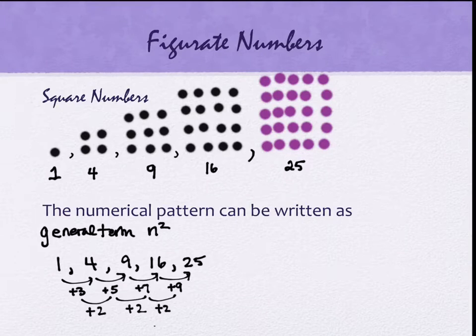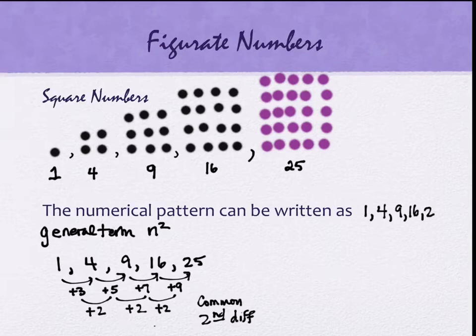So these have again, a common second difference. The numerical pattern, of course, we've already written down, but I'll just write it in here. And then it is 1, 4, 9, 16, 25, and so forth. All right, one more example we're going to take a look at.